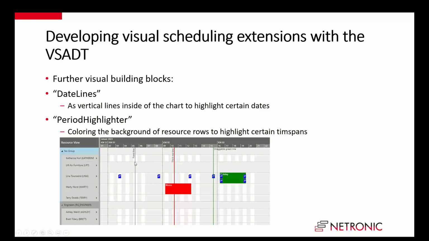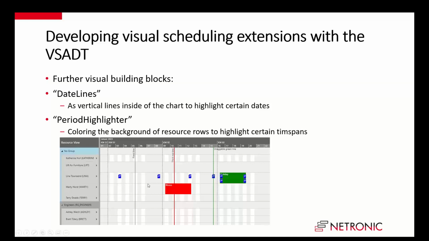They can be fixed or draggable. These can then, for example, be used to show certain due dates or certain start dates for operations or whatever. The benefit is that this line runs from the top of the chart to the bottom, so when you scroll up and down, you will always see this line.